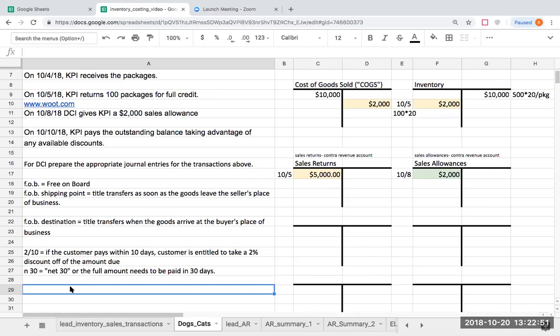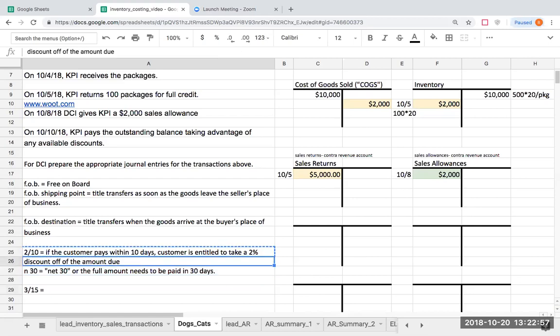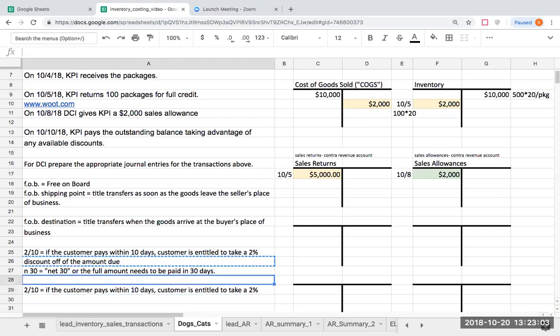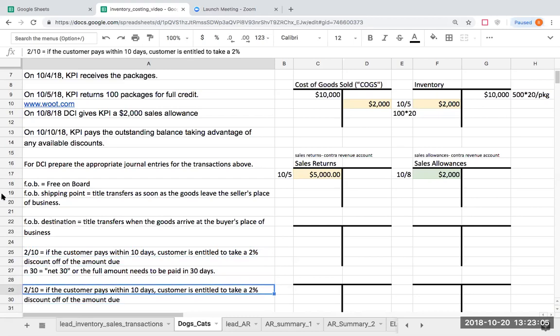Now, if I gave you a term such as 3/15, what does that mean? Well, if the customer pays within 15 days, the customer is entitled to take a 3% discount off the amount due.